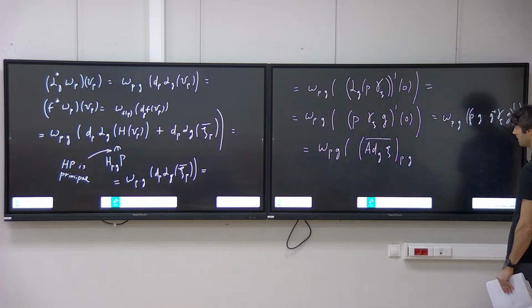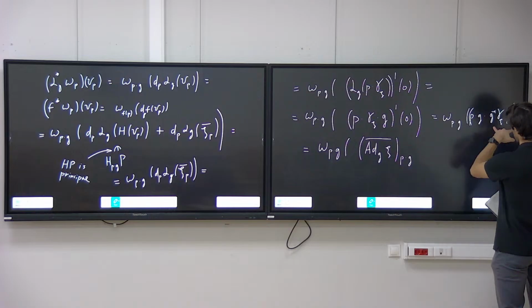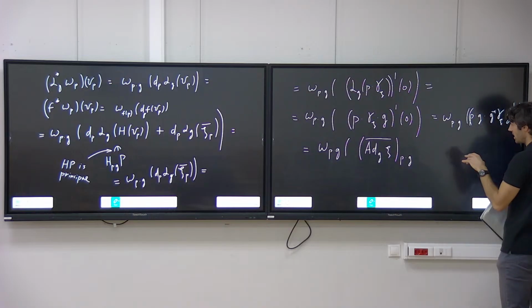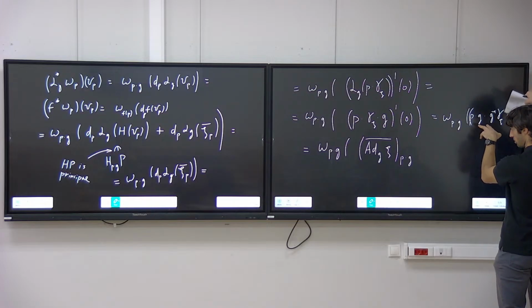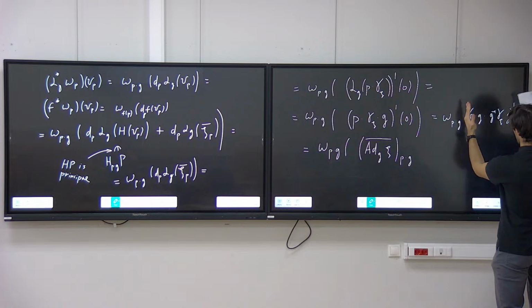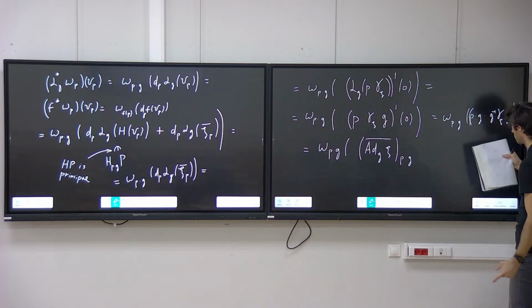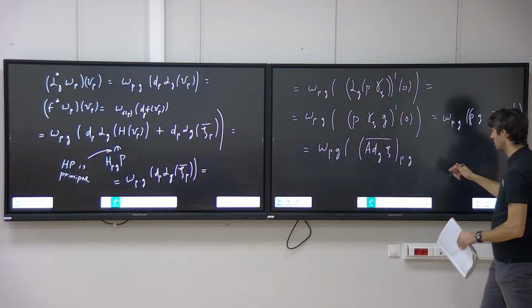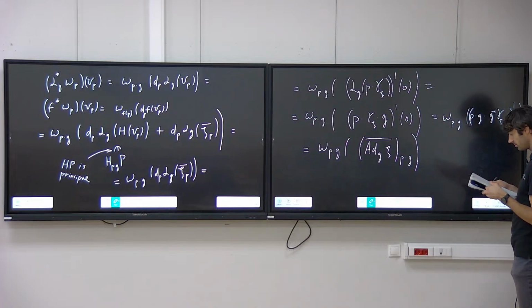So you really need to consider, okay, Ad g is from the conjugation, right? This point is because I'm applying this conjugated curve to this point. And then bar is exactly, because that's just how bar of an element of the Lie algebra was defined, right? So that's what happened.